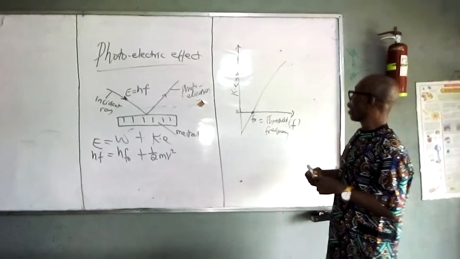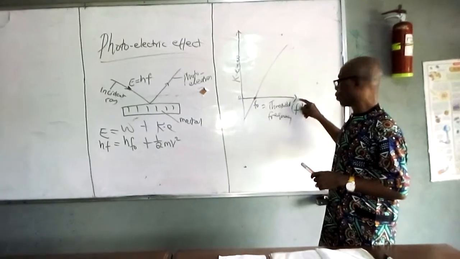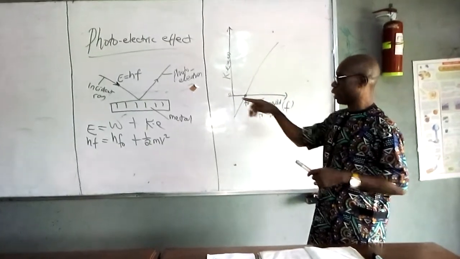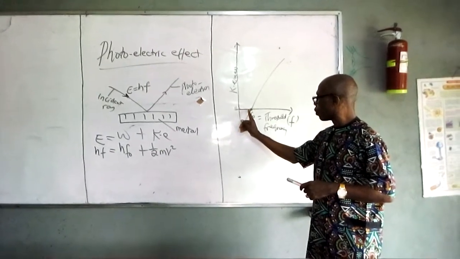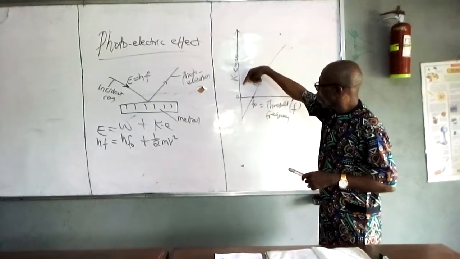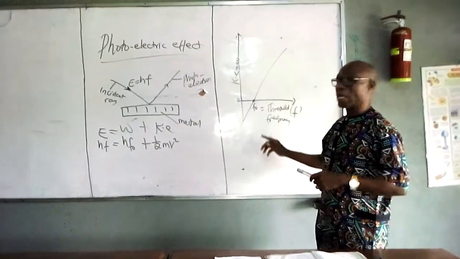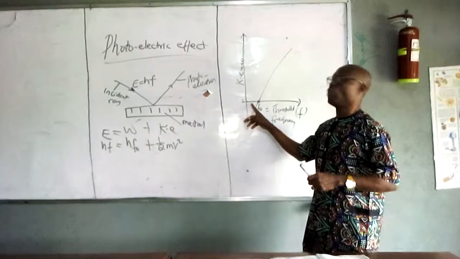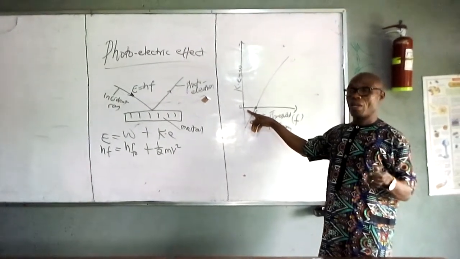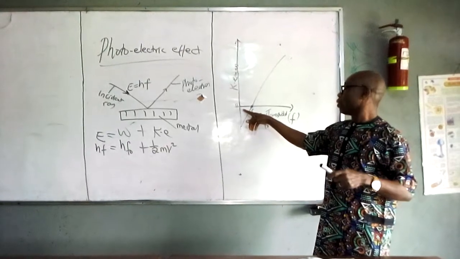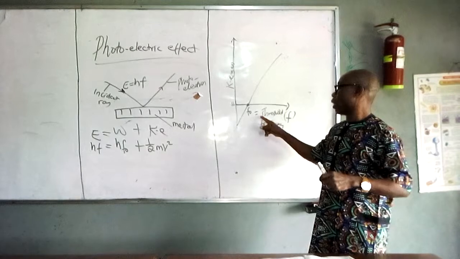So you can see here that this axis from 0 to this point represents frequency of incident light. But from 0 to this point, no energy, no electron is released. Meaning that it is not all frequency of incident light that can actually eject electrons. It must be up to a minimum value of that frequency, known as threshold frequency.